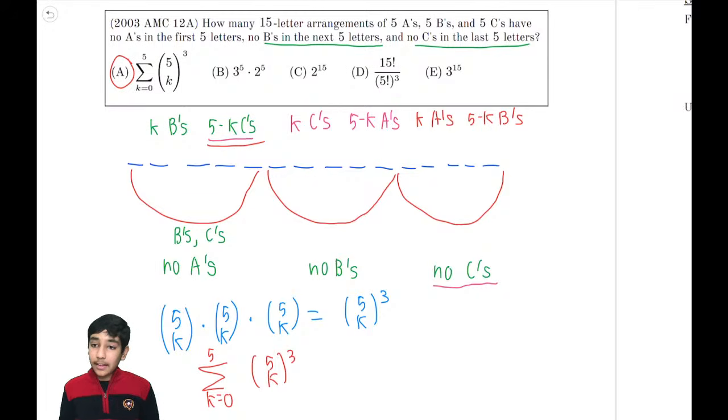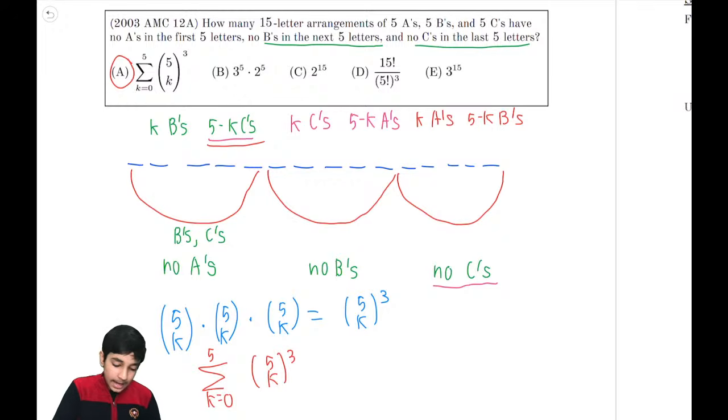So somebody was asking, how do you think of this? Well, how you think of this is you would notice that there's no A's in the beginning, as stated by the problem. So if there's no A's, there has to be B's and C's. So the first 5 letters have to be B's and C's. Then the middle 5 letters will have to be C's and A's. And the last 5 letters have to be A's and B's.